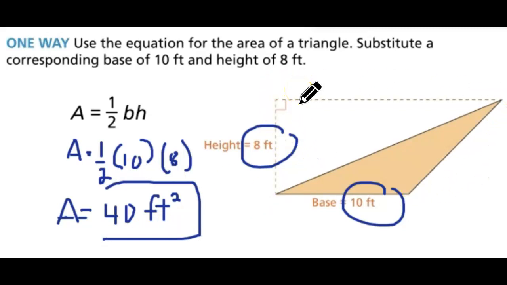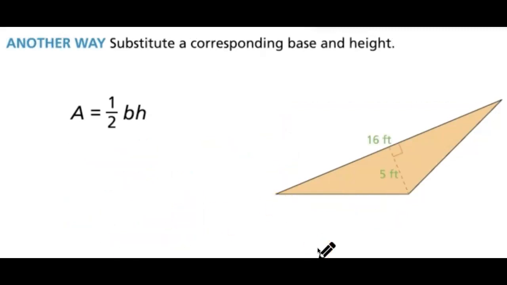So let's see if we could solve it in the other way, where our base is this one. Let's look at the other side of this picture. All right, looking at the other side of this triangle, remember at the beginning, it was labeled this way, that the height is right here, where the triangle meets the base, which is 16, and the height is 5. We know that that's the height because of that right angle.